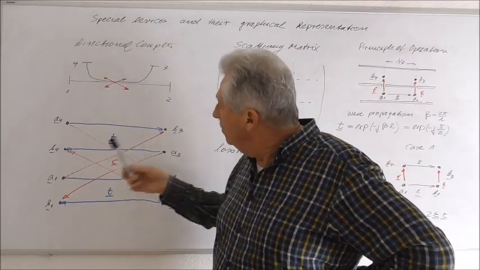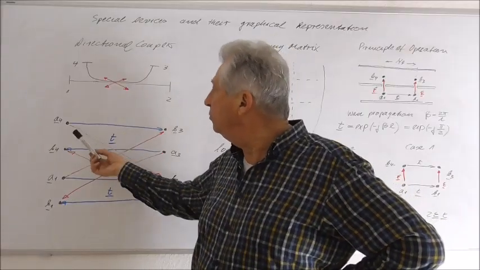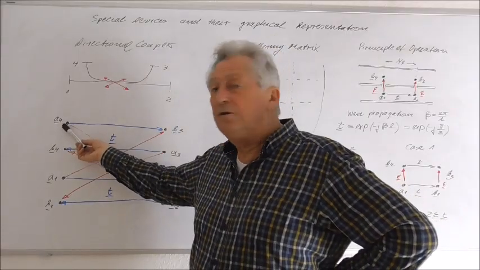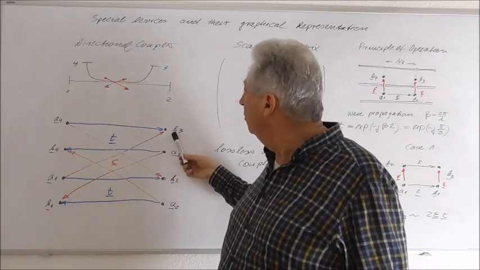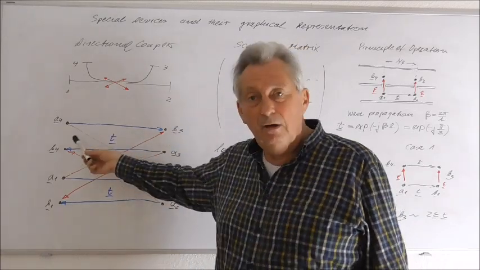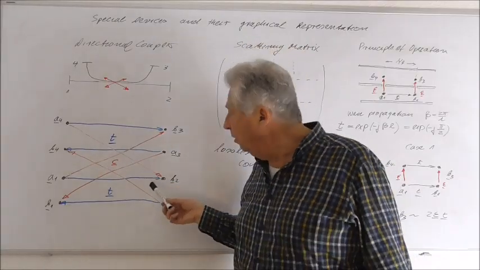And the equivalent is true for port 4. If I insert a wave into port 4, the essential part will come out of port 3, but a small part of the wave will be coupled to port 2.